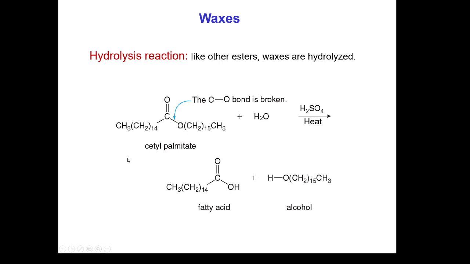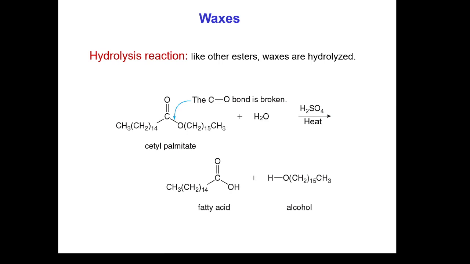Waxes, like other esters, can be hydrolyzed. Well, you just said they bead water and they protect us from water. Why wouldn't they get hydrolyzed right away? Well, in order to hydrolyze a wax, you need a couple things. Number one, you need water, of course. Number two, you need an acid.